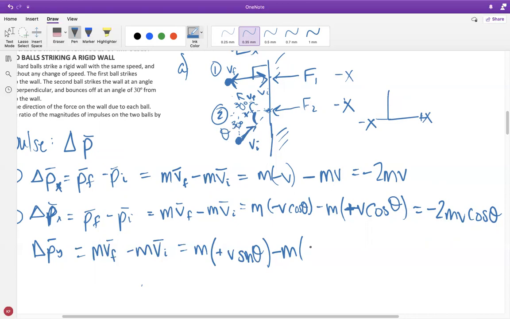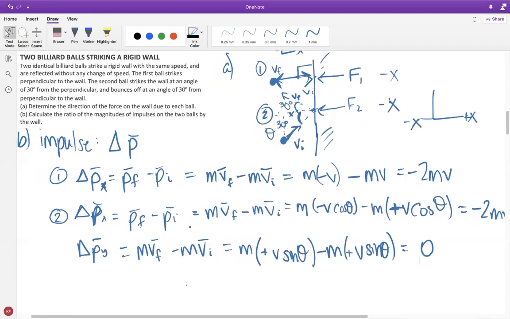So it's going to be V sine theta. And it is still going in the positive y direction, so we'll put a little plus sign, okay? And so this term minus this term is just 0. Okay, so there is no change in momentum in our y direction here.